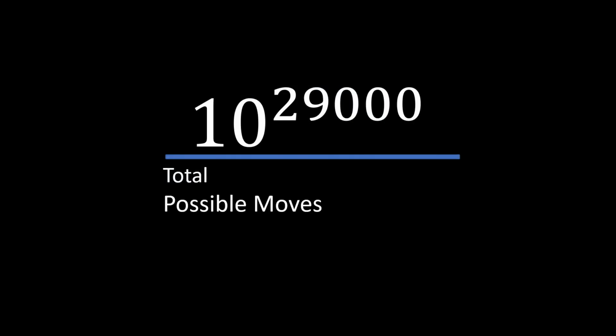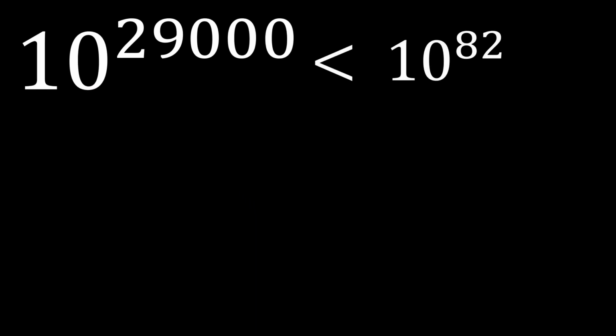Now, this seems like a lot, and this is absolutely understandable. This number of possibilities is insane. In fact, if we ponder a bit about this number and we compare it, this number is so huge that if we took the number of fundamental particles in the whole observable universe, it would still be much, much lower.